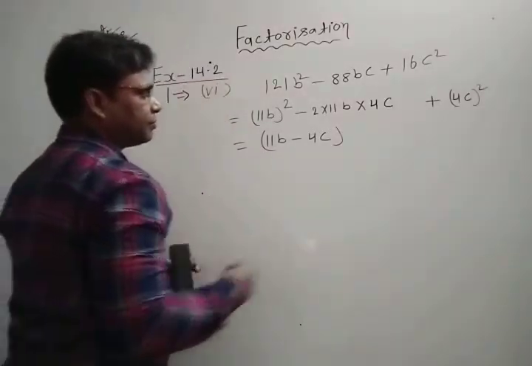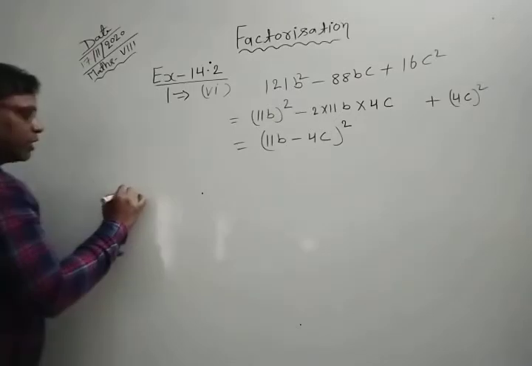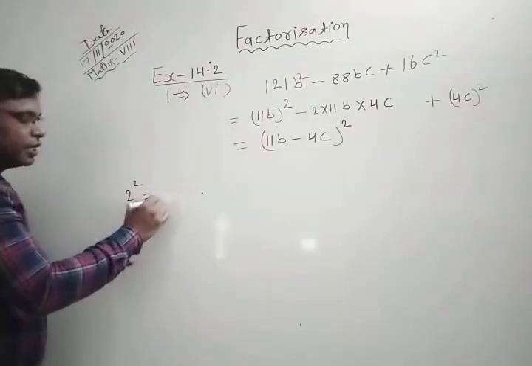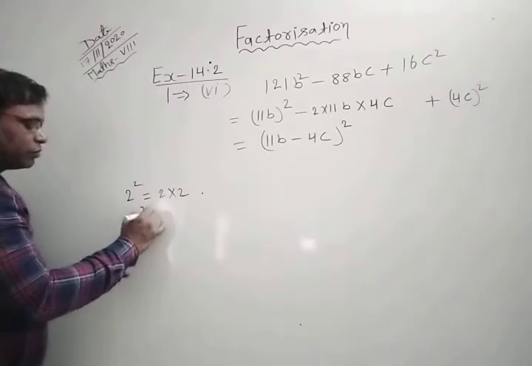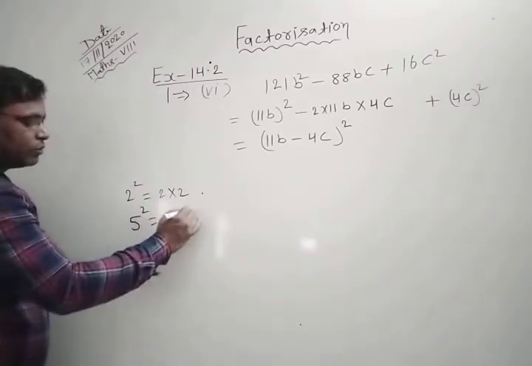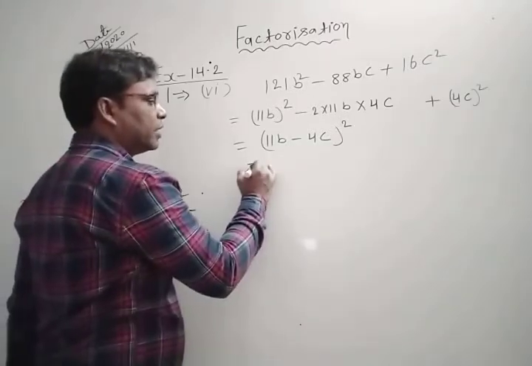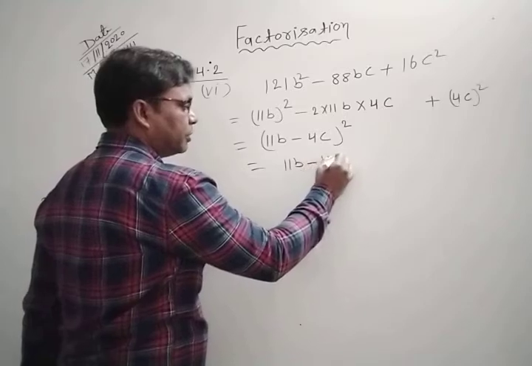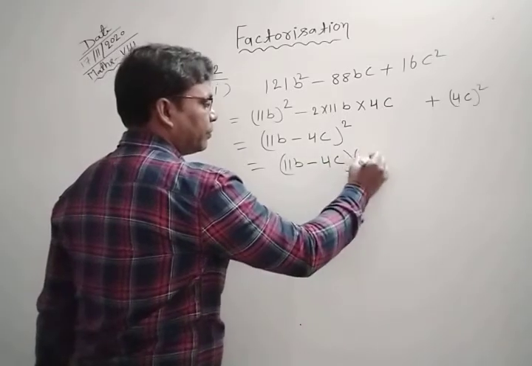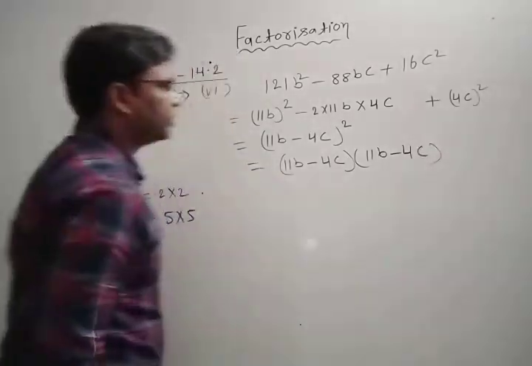Also, the square of 2 you can write as 2 into 2, or the square of 5 as 5 into 5, two times. Here the square of 11b minus 4c, you can also write as 11b minus 4c into 11b minus 4c. Is this clear?